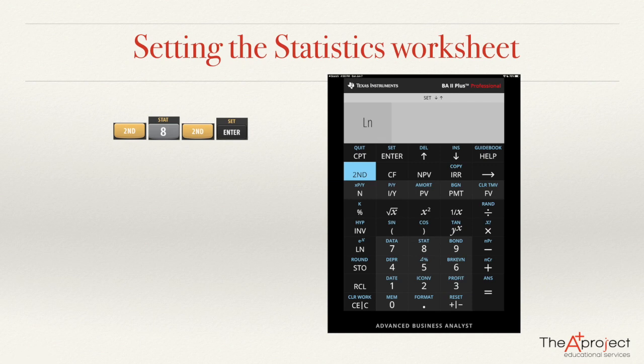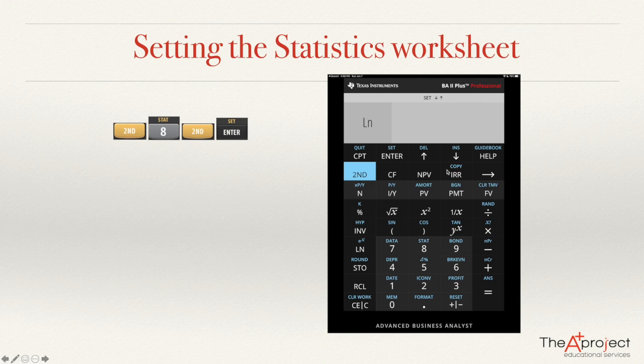This LN will be useful for working a different type of problems. So the calculator now is ready to compute or estimate logarithmic parameters. This will be another important topic in statistics.